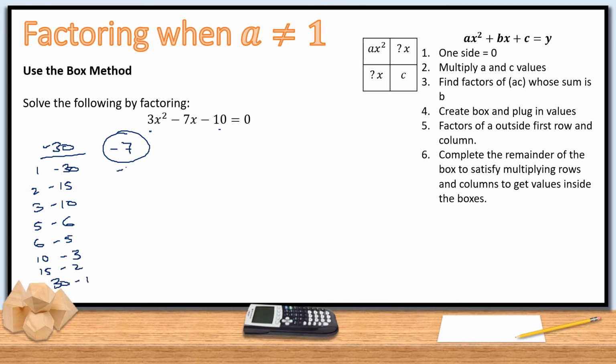If I add those together, I get negative 29, negative 13, negative 7, negative 1, 1, 7, 13, and 29. I'm interested in the one that was negative 7, so my factors are going to be 3 and negative 10.